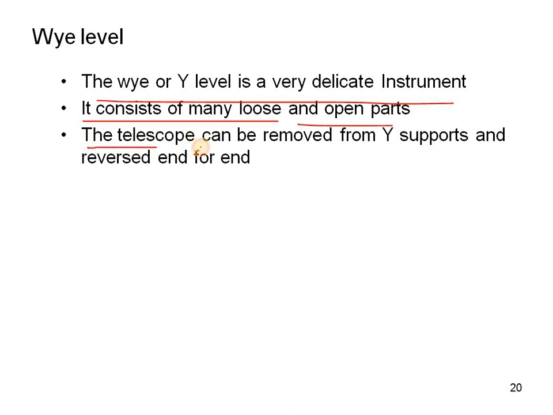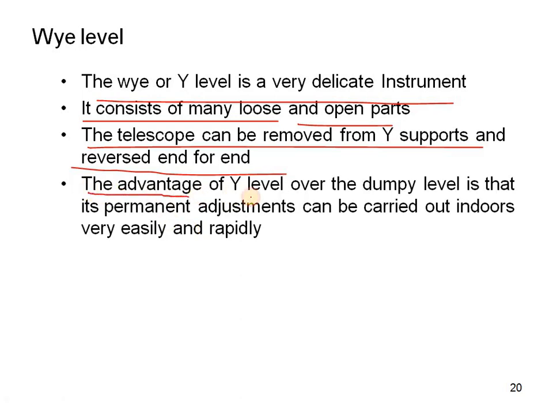So the telescope can be removed from the Y supports and reversed end for end. So we can remove the telescope from the instrument, from the Y supports, which are the joints, and it can be reversed end for end. The advantage of the Y level over the dumpy level is that its permanent adjustments can be carried out indoors very easily and rapidly.